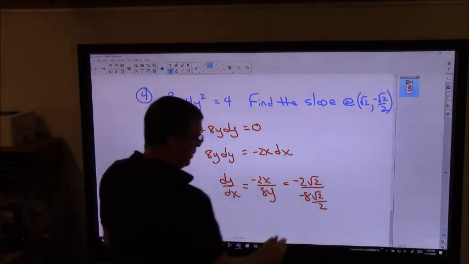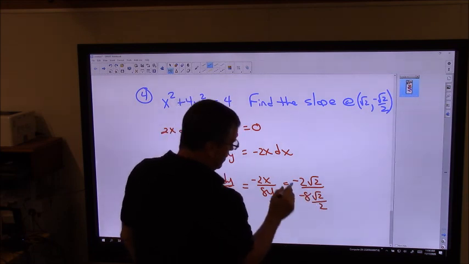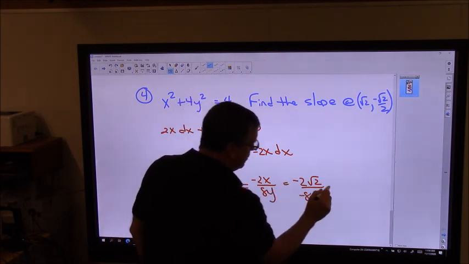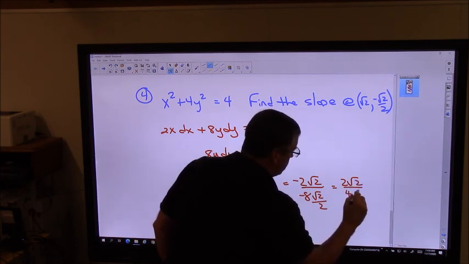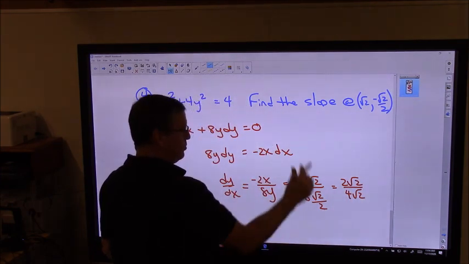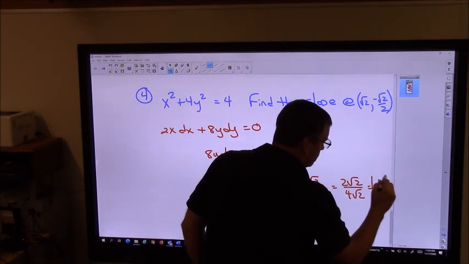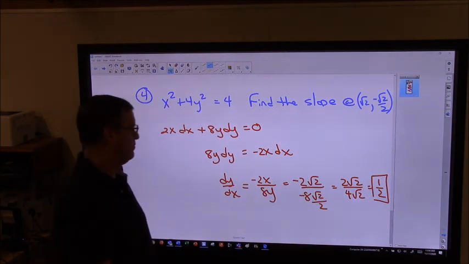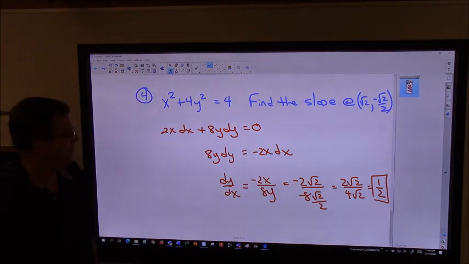And so in this fraction right here, 8 divided by 2 is 4. I know a negative divided by a negative is positive, so what I really have is 2 root 2 over 4 root 2. The root 2's cancel, and then that reduces down to 1/2. There's my slope of the tangent line at that point.